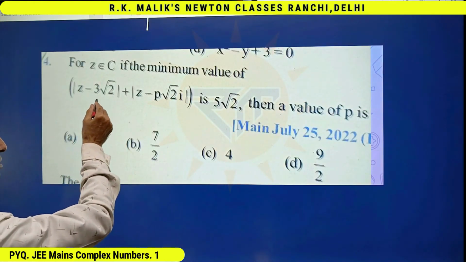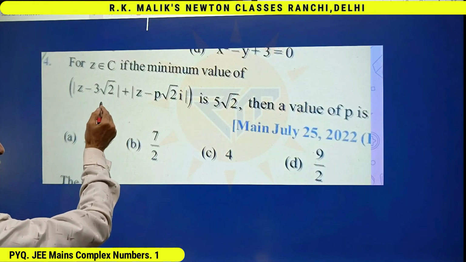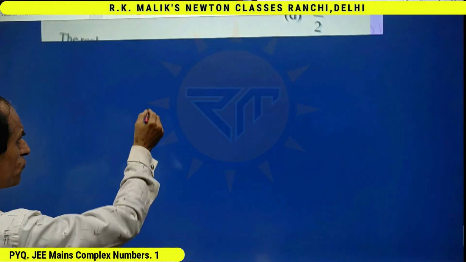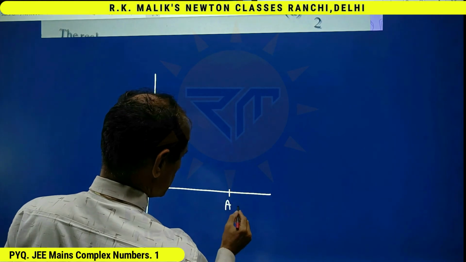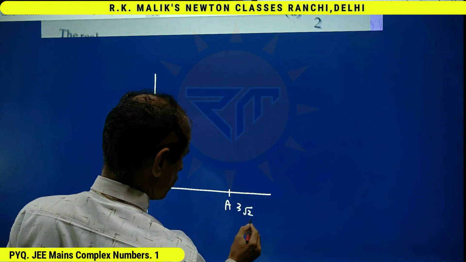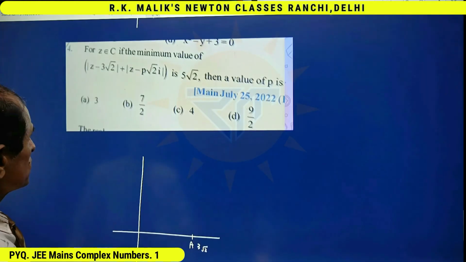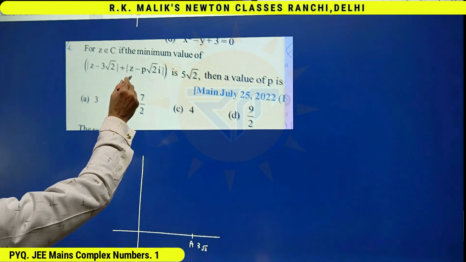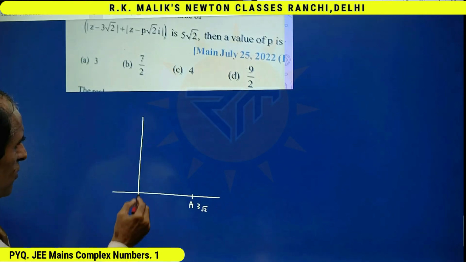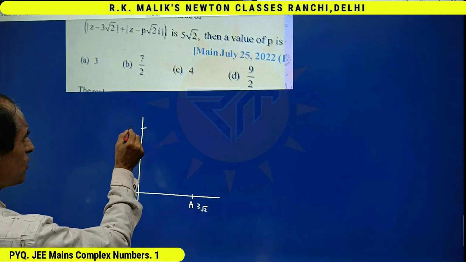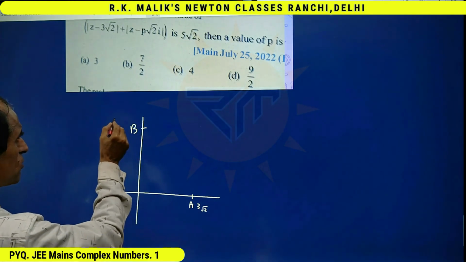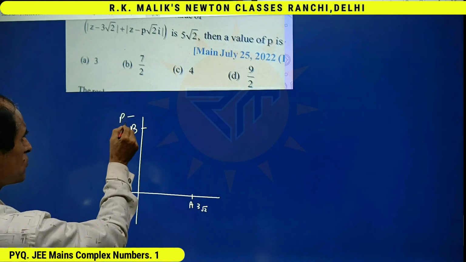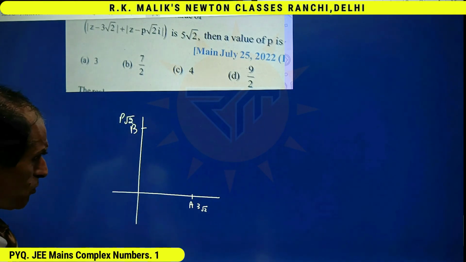Clearly, the point having complex number 3 root 2 will lie somewhere here, complex number 3 root 2. The point having complex number P root 2 i will be somewhere on the y-axis having coordinate P root 2.